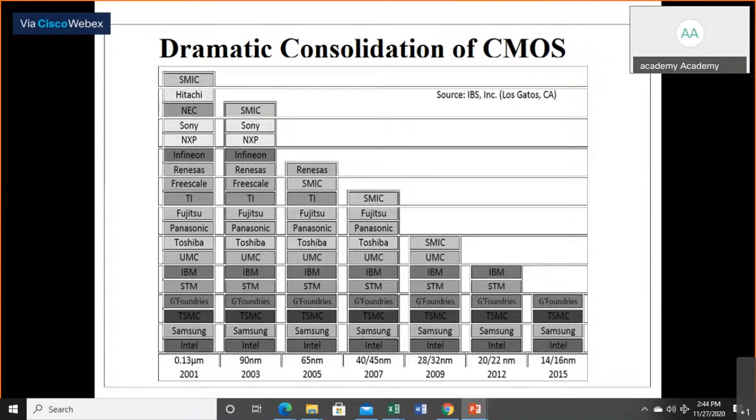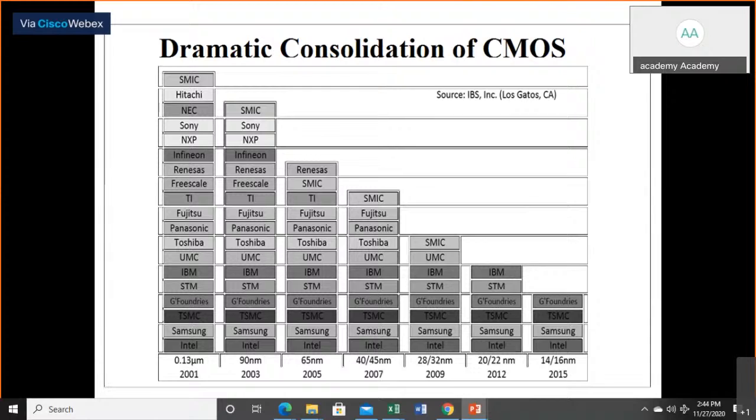So they have merged their business with other companies. Like you can see, for example, IBM. Most of the faculty members or students attending the workshop might be aware of the company IBM. IBM, we know, is for software, but they are also in the business of hardware.